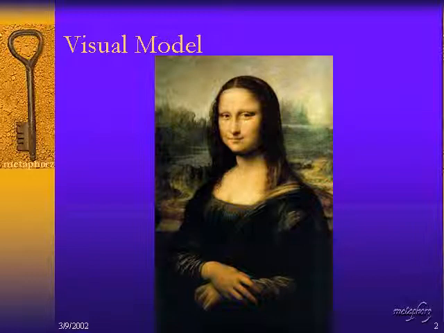She has a rather long name and sometimes goes by the name La Gioconda, but we'll just know her as Mona Lisa. And this is the Mona Lisa painting that was painted by Leonardo da Vinci in 1503. Our subject then is going to be Mona, the real Mona, not this painting.